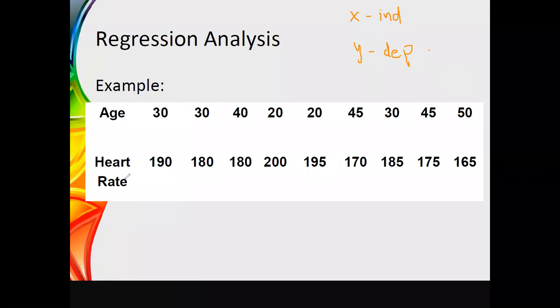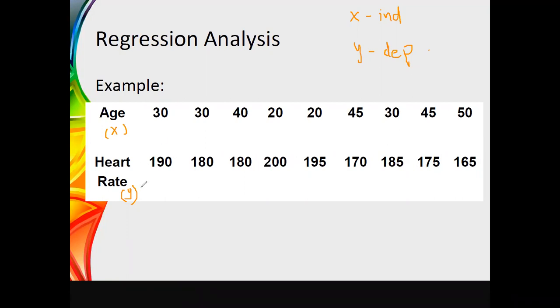Heart rate may depend on the age, but age will definitely not depend on the heart rate or the blood pressure. Therefore, here we can consider age as the x variable and heart rate or the blood pressure as the y variable. It is because heart rate or blood pressure may depend on the age variable, but age will not vary according to the heart rate.